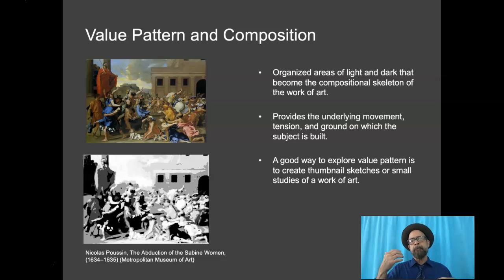All right. So again, value pattern provides underlying movement, tension, and balance. I can't stress enough when you're planning your works of art to go back to that design process and do thumbnail sketches and throw some value into those thumbnail sketches. Don't just sketch shapes. Think about values and where they fall. As you make those sketches, it'll help tremendously.